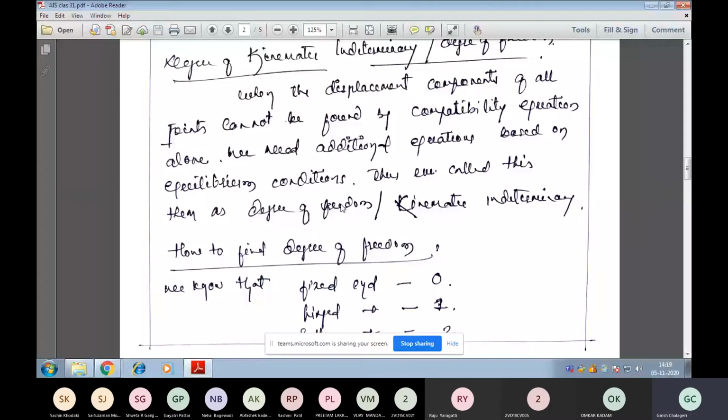Rather, it can move in the horizontal direction, or there can be a rotation at that joint due to the applied force. So the degree of freedom at this joint is 2, because it is restricted in vertical movement, but it is free to rotate and free to move in the horizontal direction.